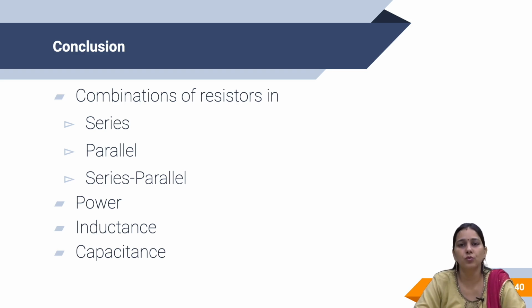In the last two sessions, we have covered the basic concepts of electrical charge, electrical current, voltage, power, conductance, resistance, inductance, and capacitance, along with series and parallel connection of the resistances.